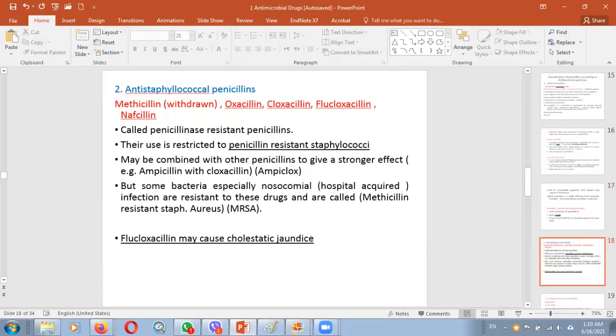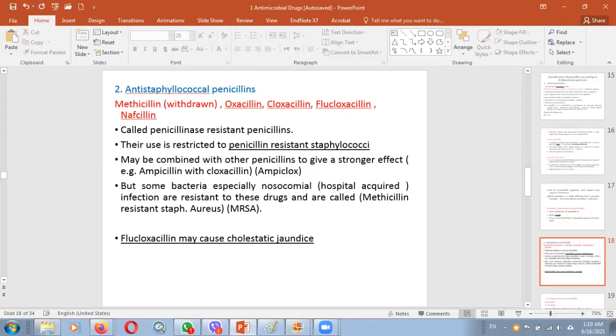Now we come to a second group, which is the antistaphylococcal penicillins. It includes methicillin. Methicillin nowadays is withdrawn from the market because strong resistance developed against it, so it's not used anymore. Other examples are oxacillin, cloxacillin, flucloxacillin and nafcillin.